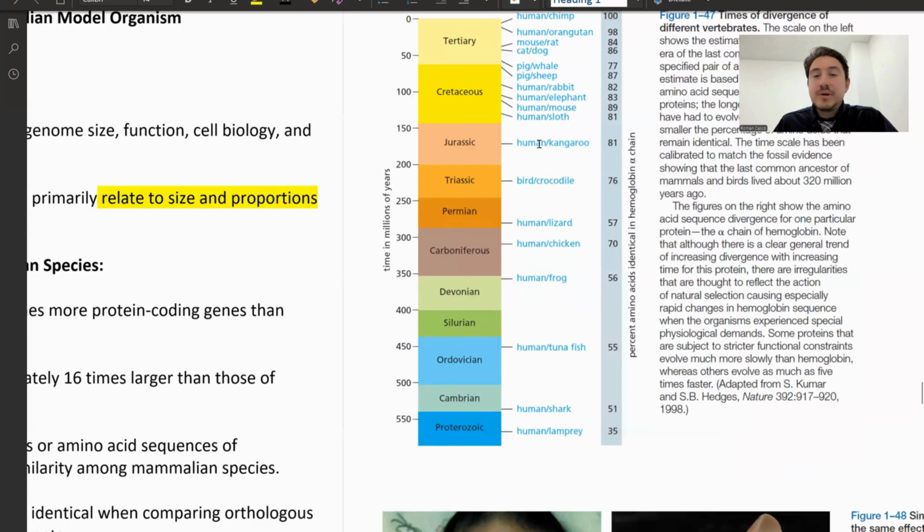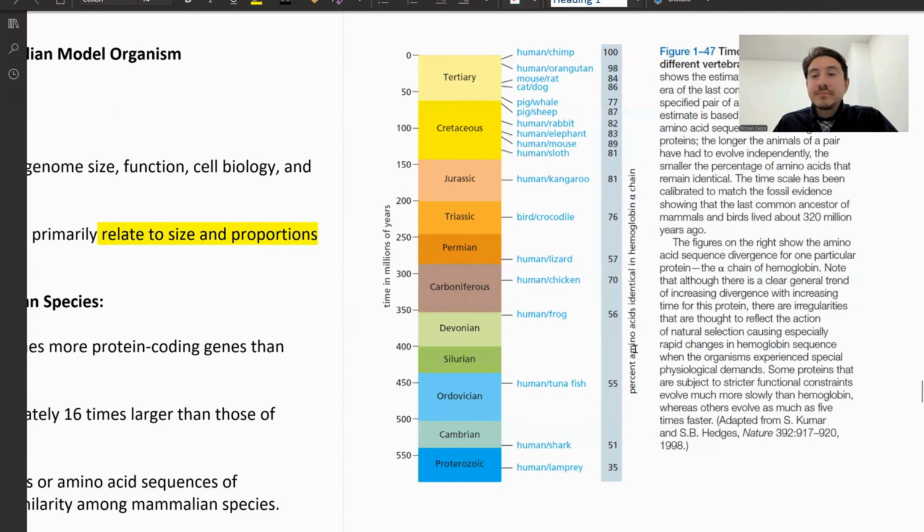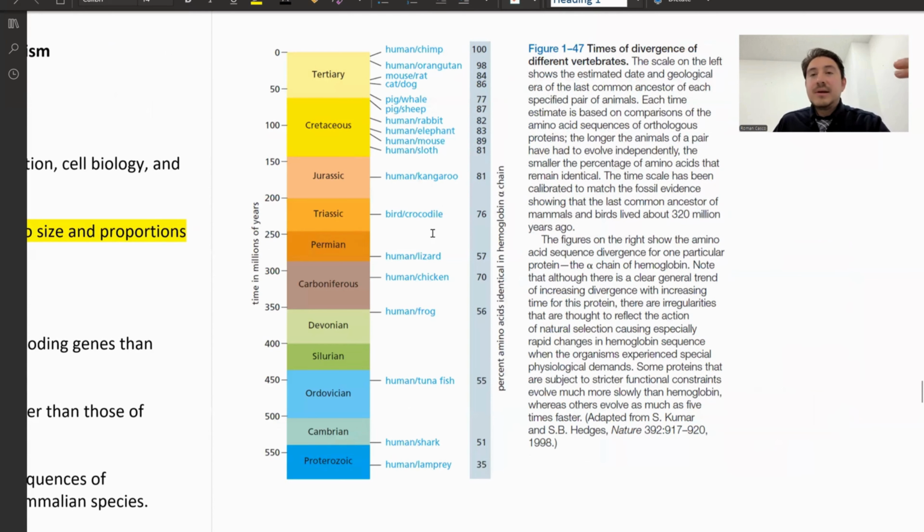We have percent amino acids identical in, for example, hemoglobin chains, with times of divergence of different vertebrates, and this scale to the left estimates timing and geological era from the last common ancestors of each specified pair of animals. Each estimate is based on comparisons of the amino acid sequences of orthologous proteins.